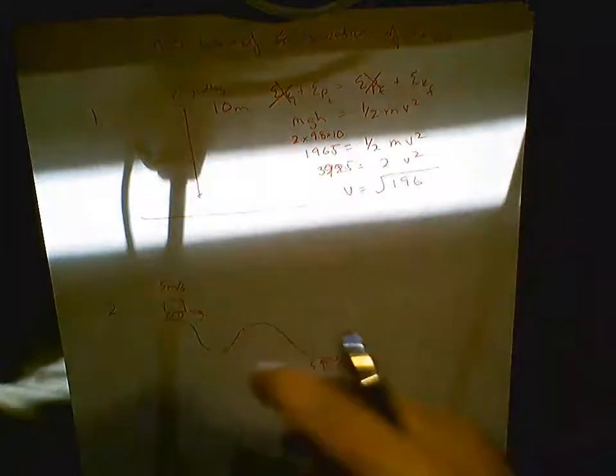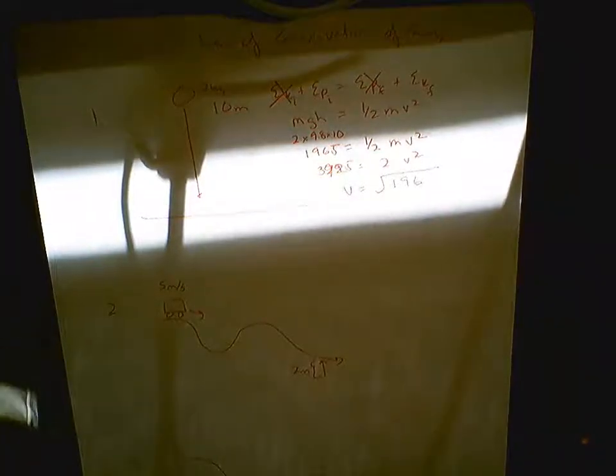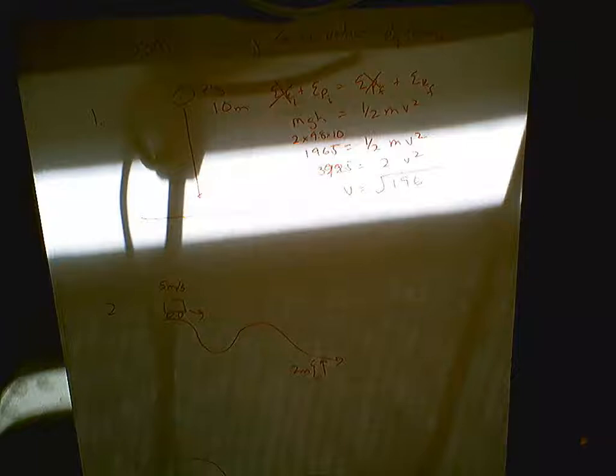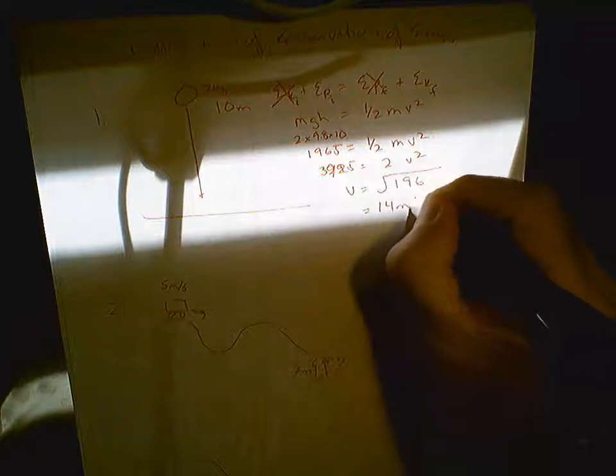Now, I know I'm going through the math pretty quickly here. I'm assuming that you can do the math on these problems. Right now, what I want to do is take the square root of 196, and that's 14 meters per second.